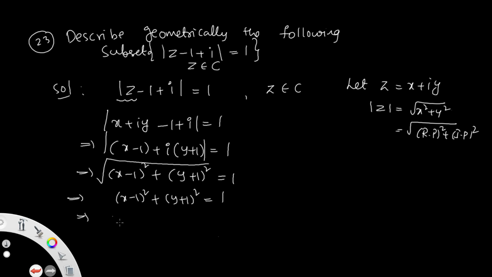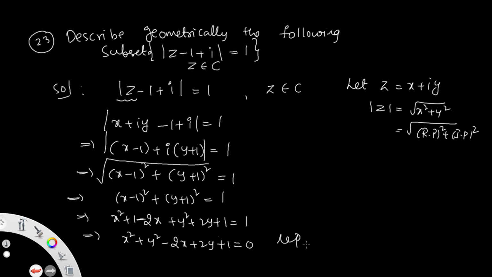That is x square plus 1 minus 2x plus y square plus 2y plus 1 equal to 1, which is x square plus y square minus 2x plus 2y plus 1 equal to 0. It represents the equation of a circle with center (1, minus 1).